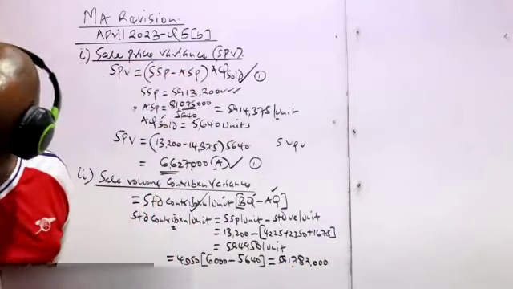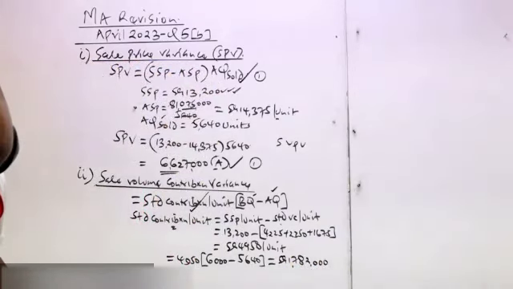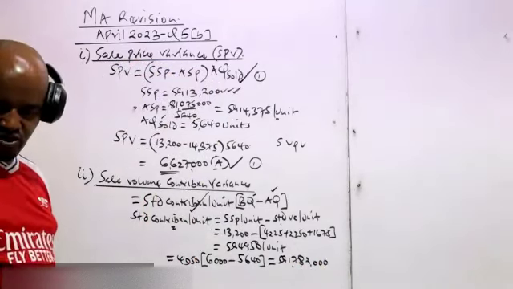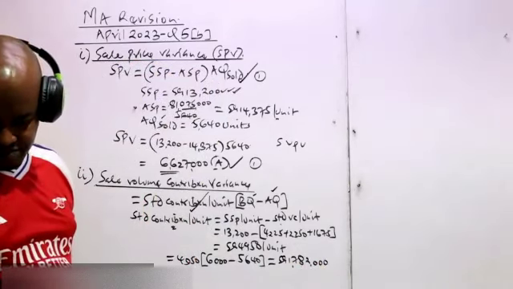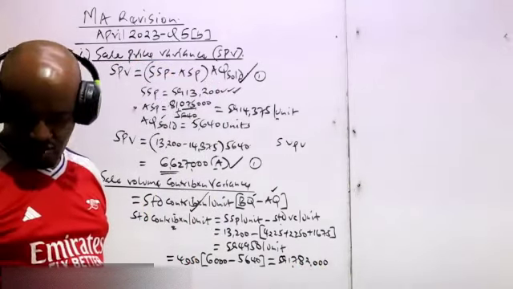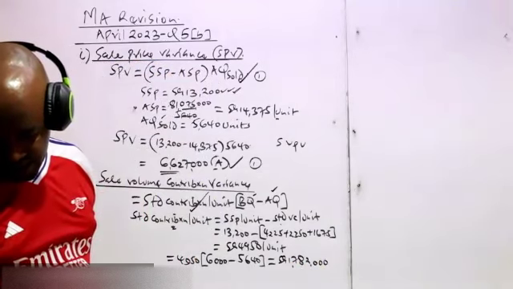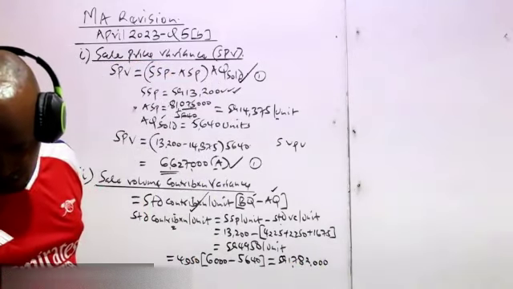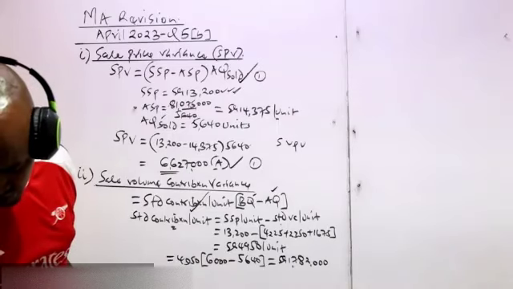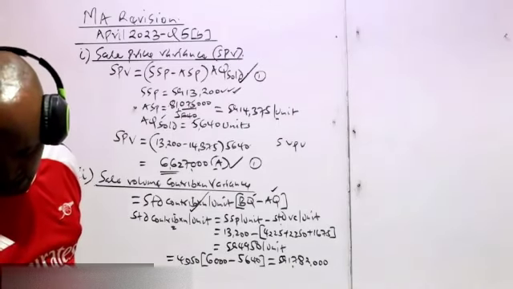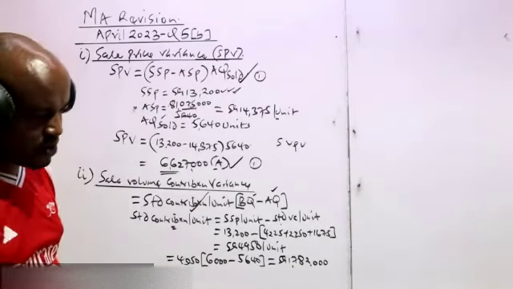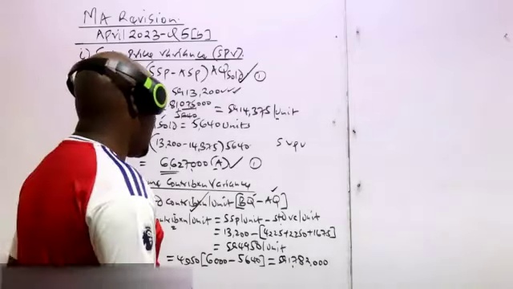That will give us that figure here. And I hope we have not interchanged those items here. That should be the correct thing. I hope we have not interchanged the budgeted and the actual quantity.